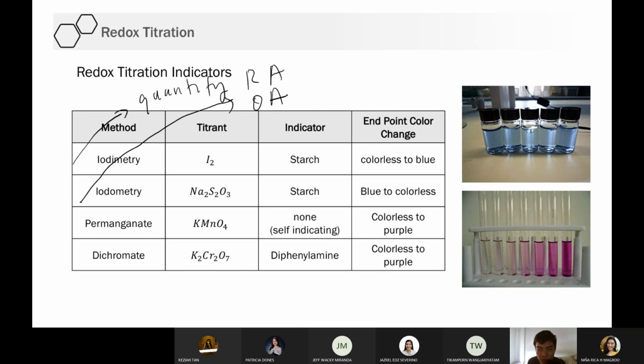As of this point, I assume you know what a reducing agent or an oxidizing agent is. Reducing agents are those that undergo oxidation, and oxidizing agents are those that undergo reduction reactions. The mnemonic I tell my students to use is LEO the lion says GER. LEO: losing electron, oxidation, reducing agent.